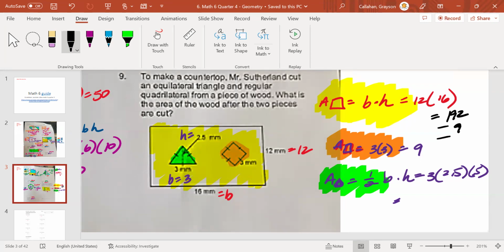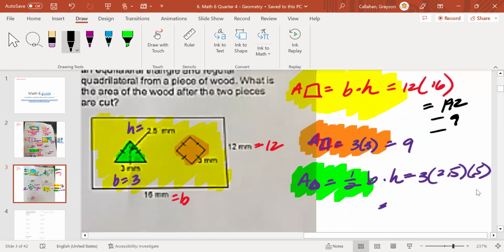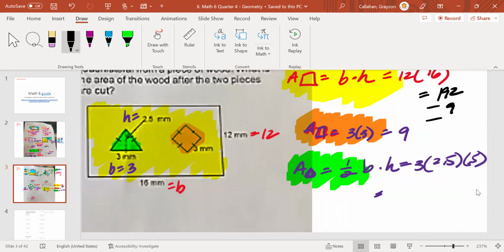2.5 times what? What is the area of your triangle? Area of a green triangle, right there. I wrote it right here for you. If you can't even keep up with what I'm writing, I don't know how you're, no, don't even. Let's go. Are you sure?